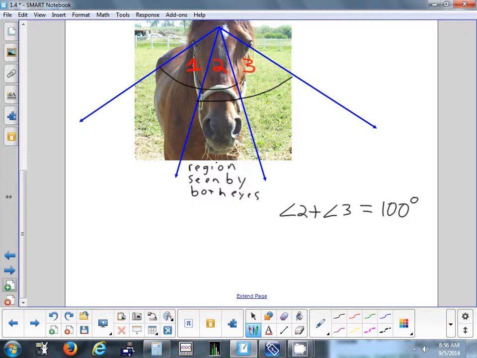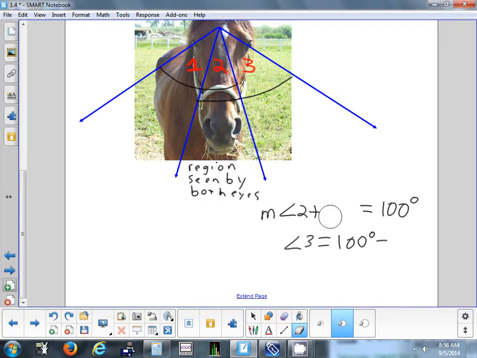Okay? So if I want angle 3, what do I have to do on each side of this equation to get angle 3 alone? I want the formula for angle 3. Yeah, Owen? Subtract angle 2. So 100 degrees minus 60 degrees. And just to be clear, I should put in the measure, because that's what we're talking about.